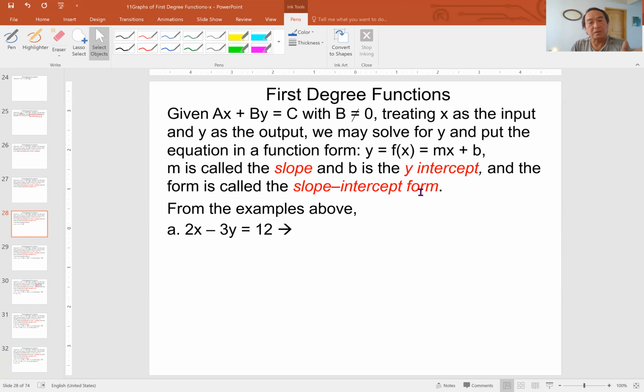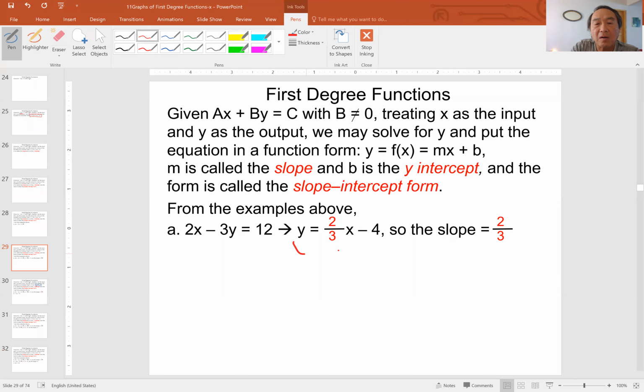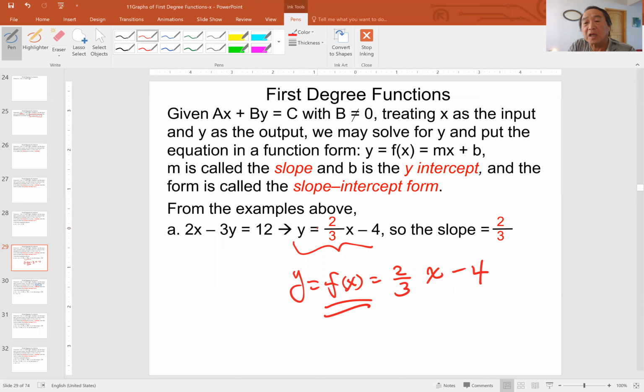I can put it into slope intercept form and turn this into a function. Now I can interpret this as y is a function of x, and is 2/3 of x minus 4. In this case, as a linear function, the slope of this function is 2/3. And of course, the y-intercept is minus 4.